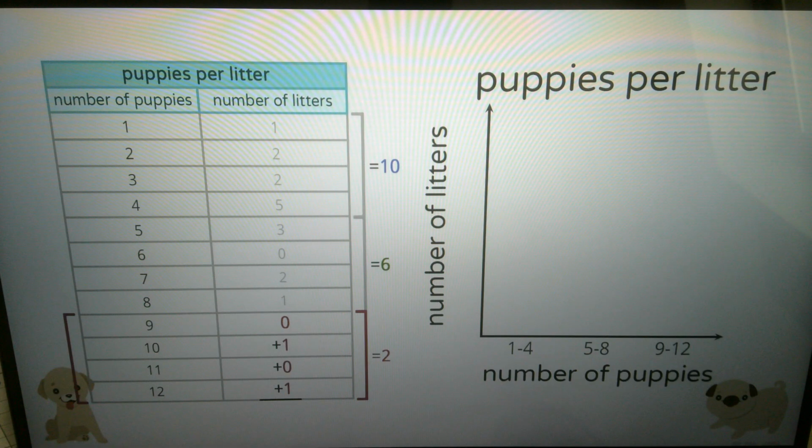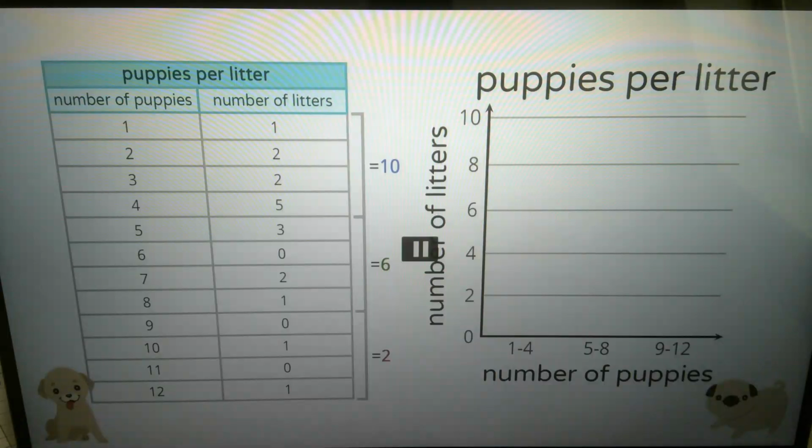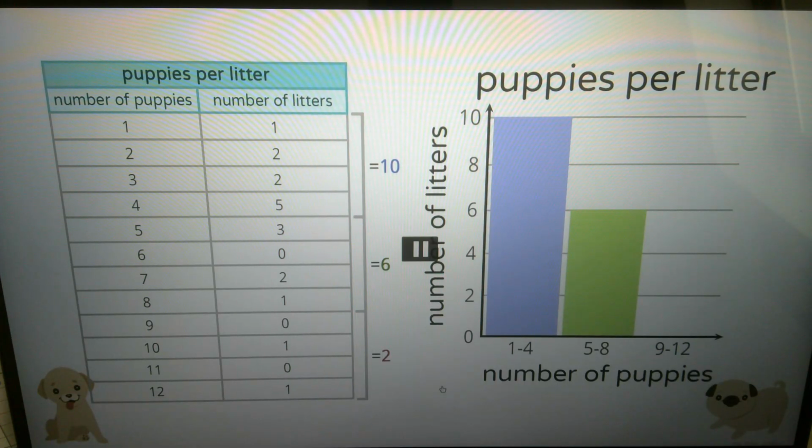And lastly, we have the biggest bin has 10 values, so let's mark that at the top of the y-axis. And how about label every 2? We're going to go by 2s. Okay, all that's left is to draw the heights to match the number of values in each bin. First is 10, then 6, then 2. And we have it, a histogram.